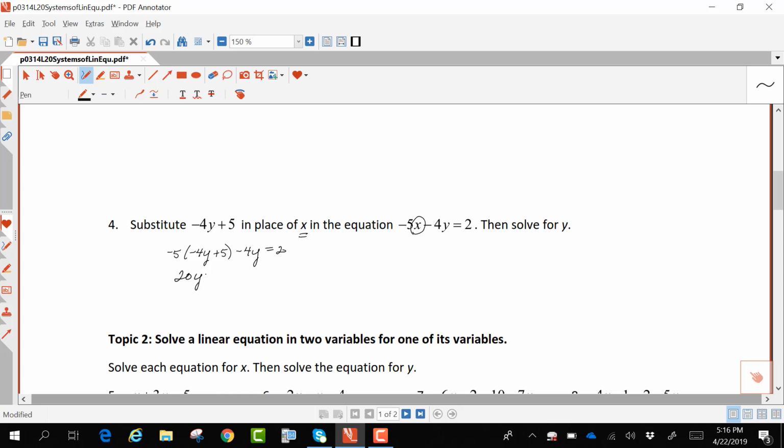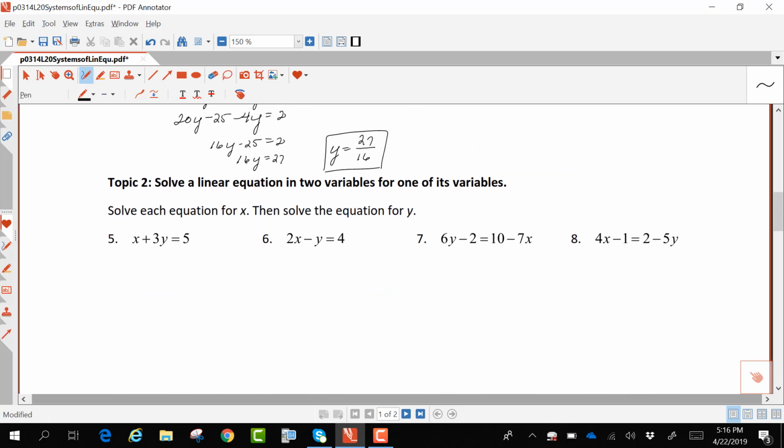Once again, I distribute my negative 5, resulting in a 20y minus 25. And then I need to clean up this equation. So the 20y minus 4y is 16y. Add the 25, and then divide by 16 and get a rather unusual looking answer, but that is the correct result for the y value.